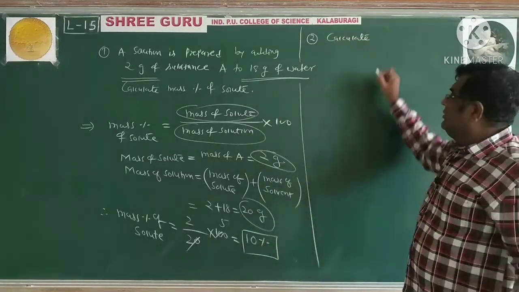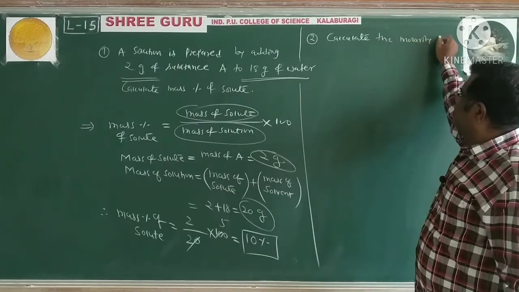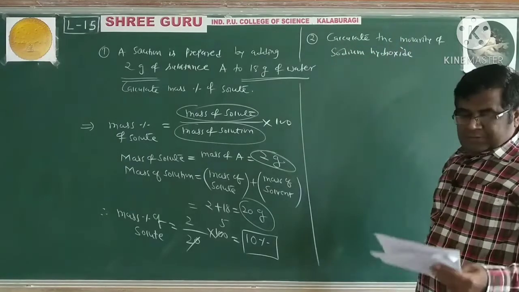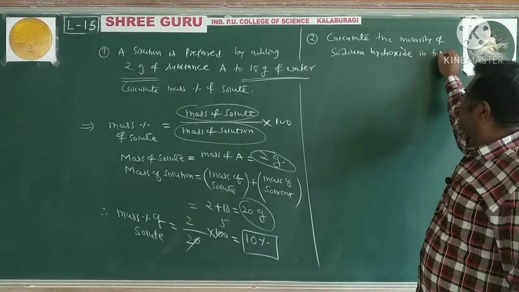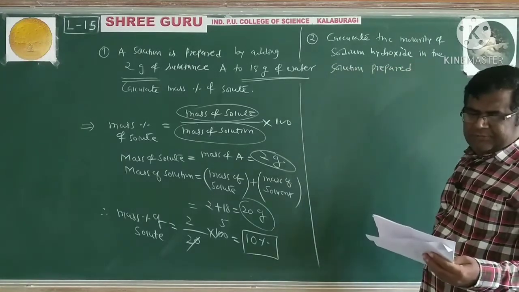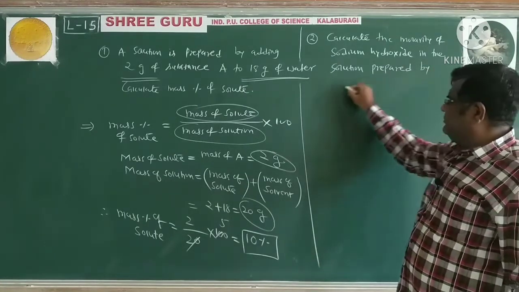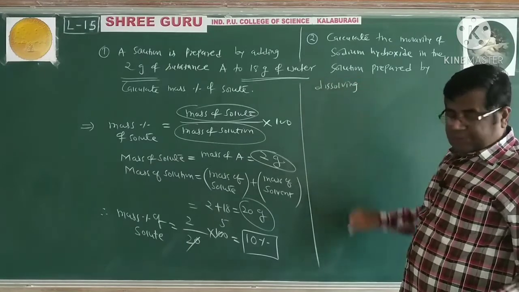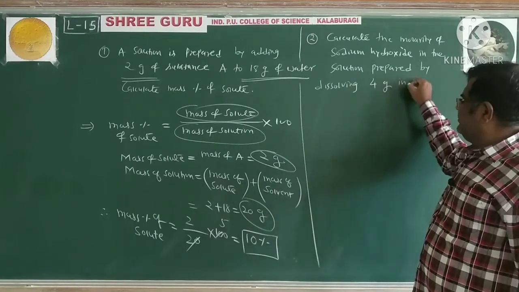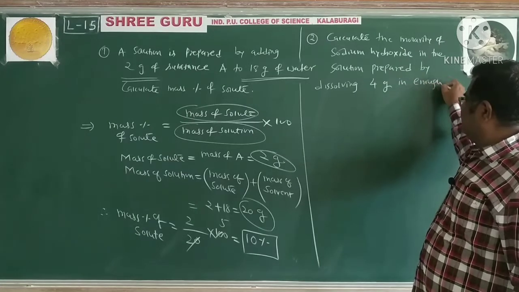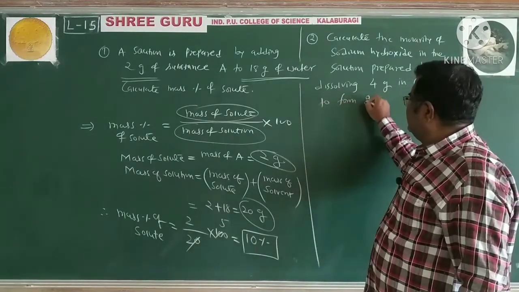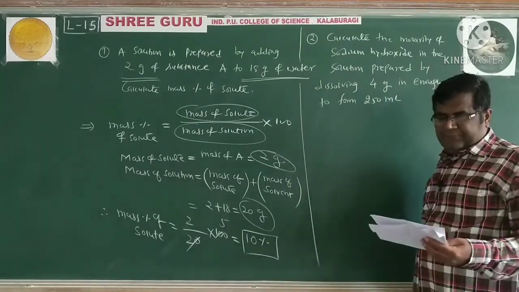Calculate the molarity of sodium hydroxide in the solution prepared by dissolving 4 gram in enough water to form 250 milliliter of solution.